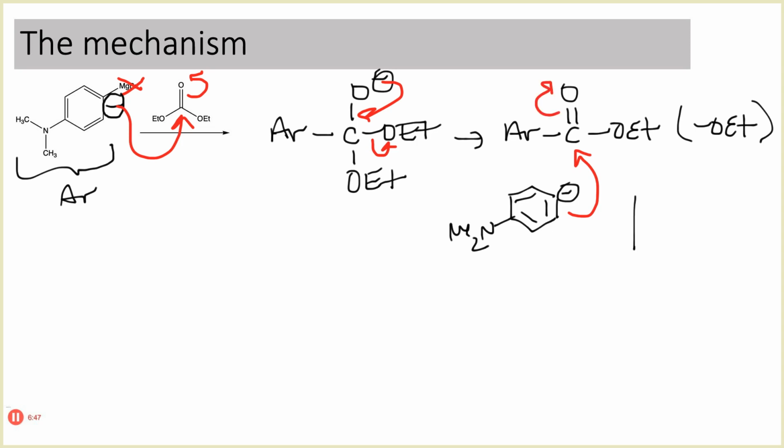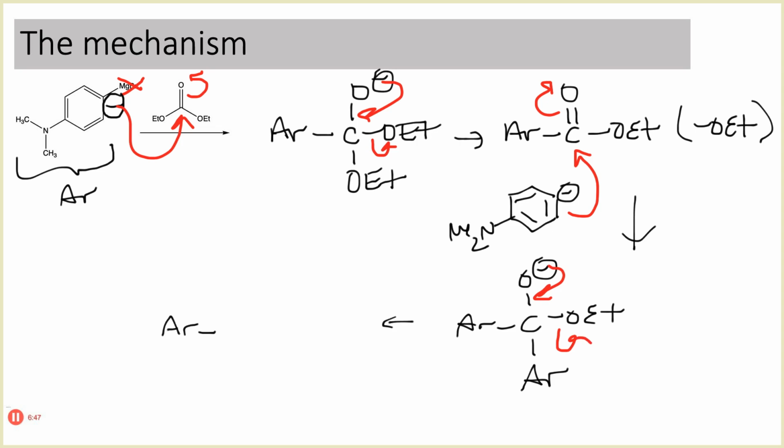So that is going to give me this intermediate, and again I'll abbreviate that Ar, and what you can see is again I can kick out an ethoxy group to again regenerate this nice strong carbon-oxygen double bond.